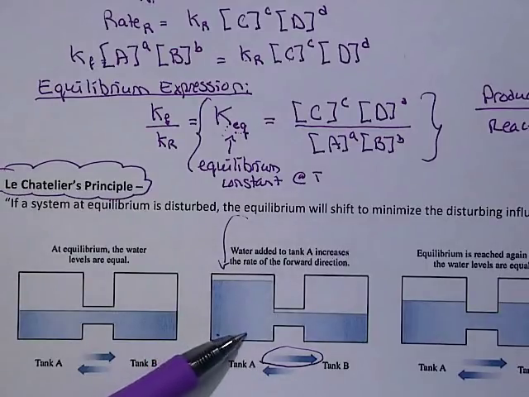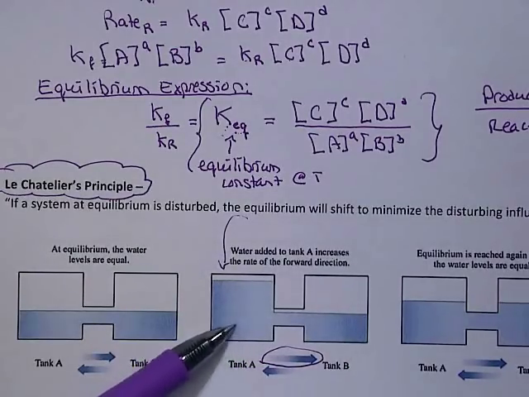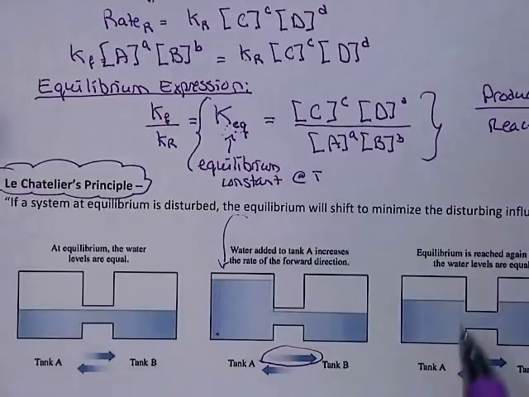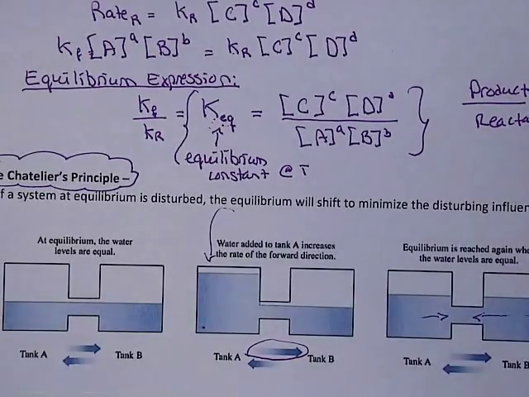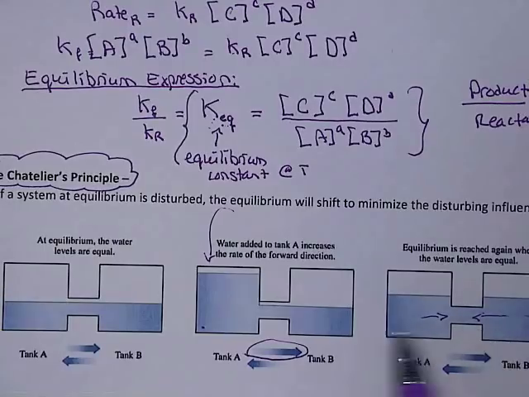So our rate of water flowing is now increasing towards tank B, and it's going to increase until we've reached equilibrium, where the rate of water flowing into tank B is equal to the rate of water flowing into tank A.